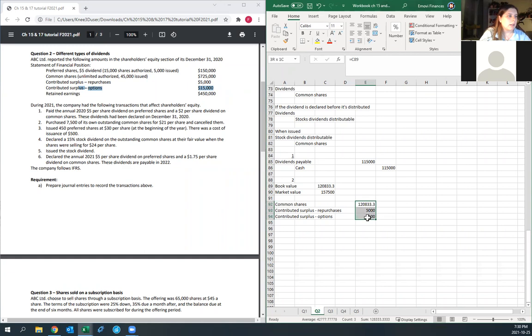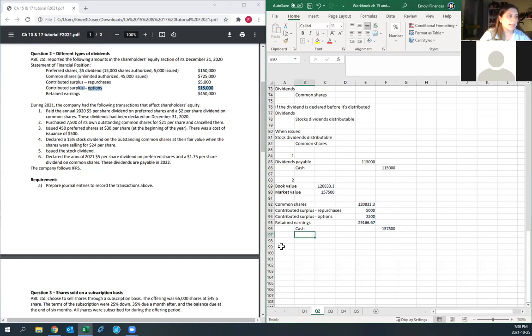And then that doesn't yet equal your market value, so you're going to put the difference in your retained earnings. And then here it's going to be cash, because that's what we paid cash to buy back their shares.